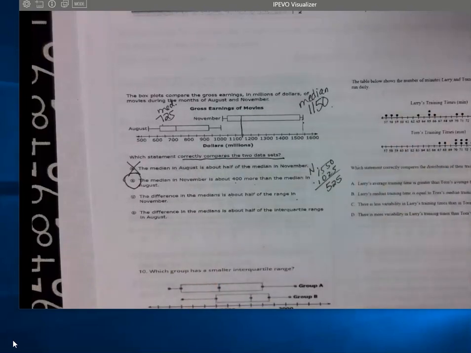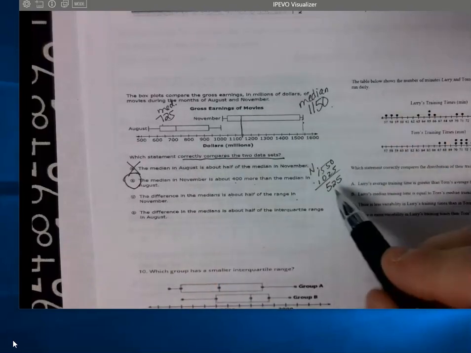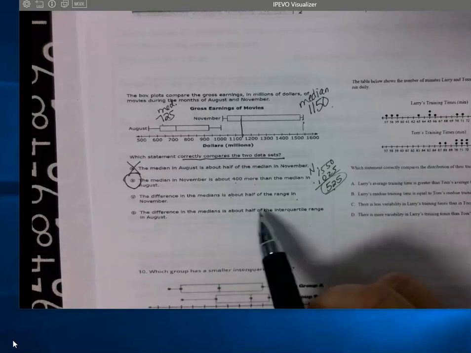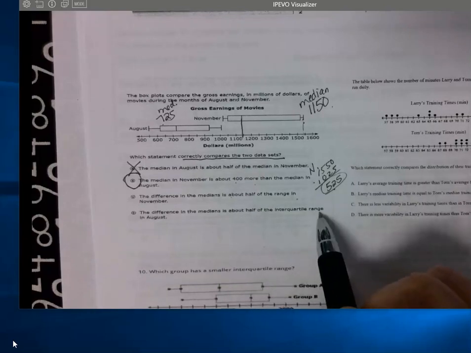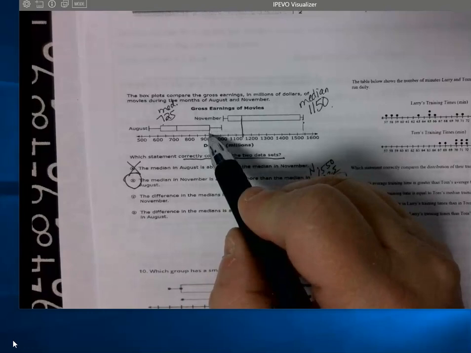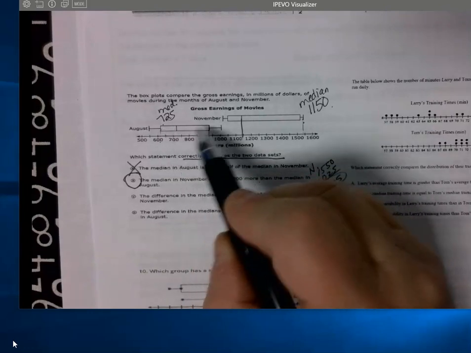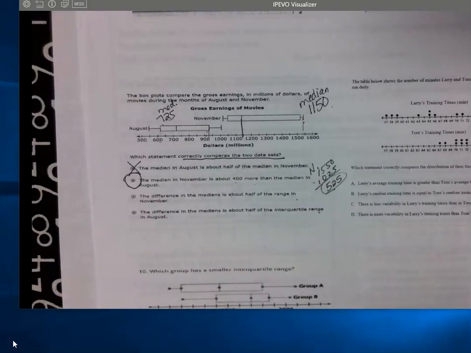Well, it's 375. Is 375 half of this range? No. The difference in the median is about half of the interquartile range in August. The interquartile range is just about 300. So again, that is not correct.